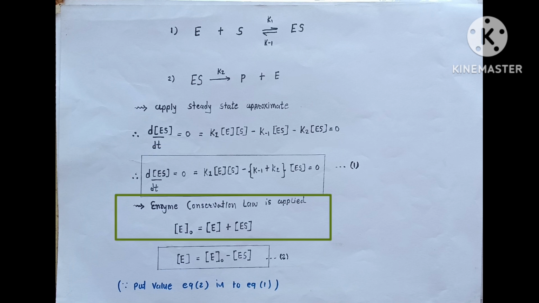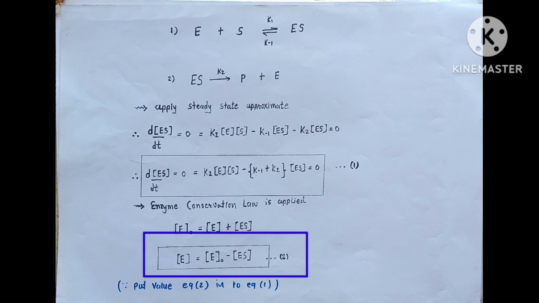Now we apply the enzyme conservation law. Total enzyme concentration is equal to enzyme concentration plus enzyme substrate complex concentration. Here we need the enzyme concentration, so we take it out from the left side, E, and we get E equal to total enzyme concentration E0 minus ES.